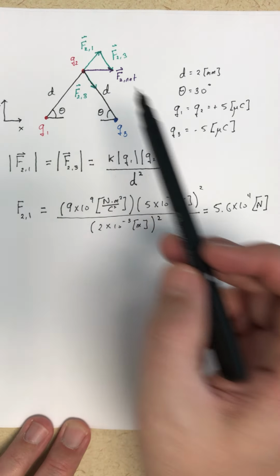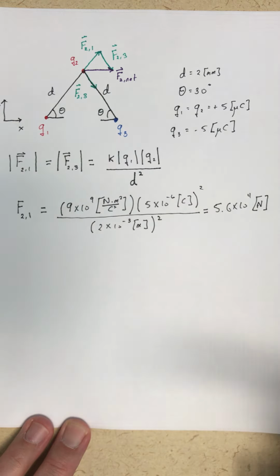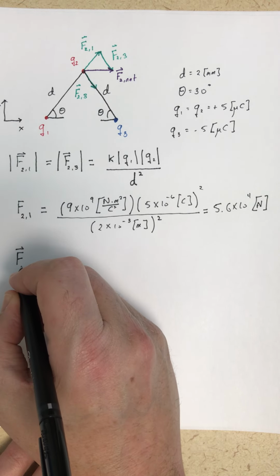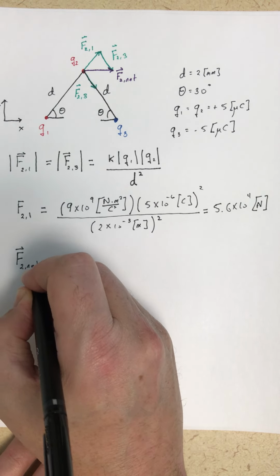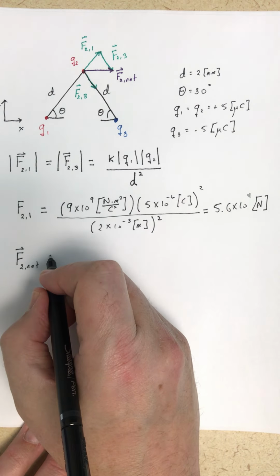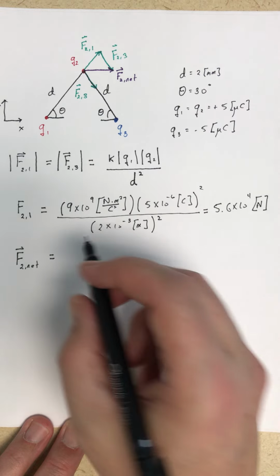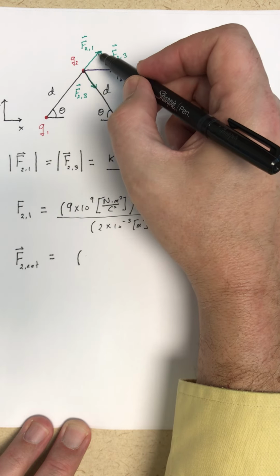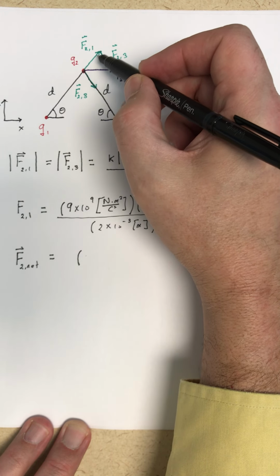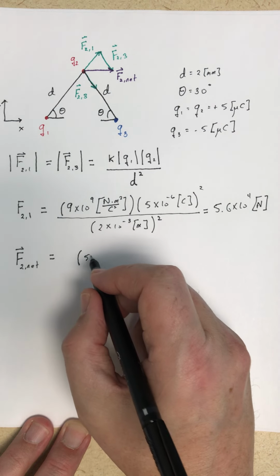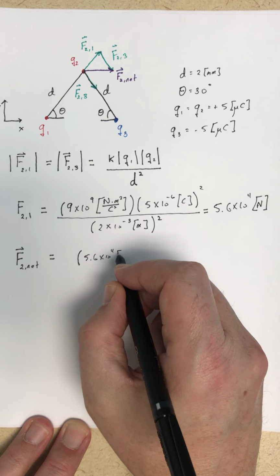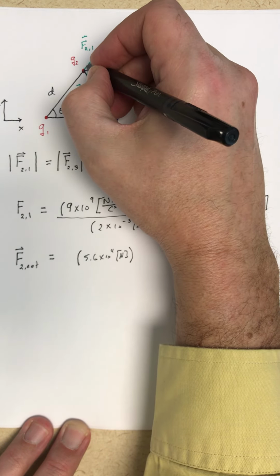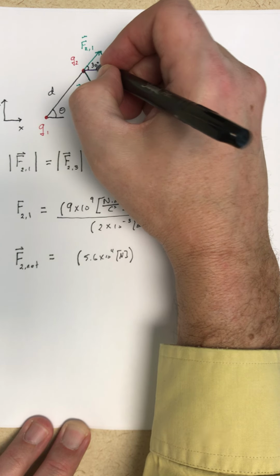Alright, so as we described before, the y components cancel out, the x components add. So to get an answer for what the force is on 2 due to the other two charges, as a vector, I'm going to take the x component, which is going to be this side of the triangle. So that magnitude is 5.6 times 10 to the 4th newtons. I'm going to get its x component, so this is also going to be 30 degrees.